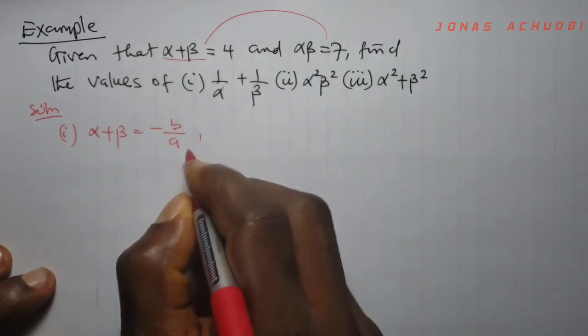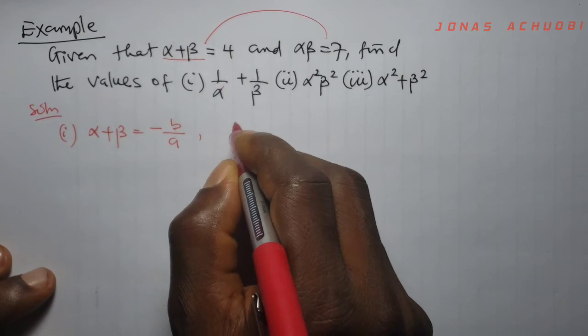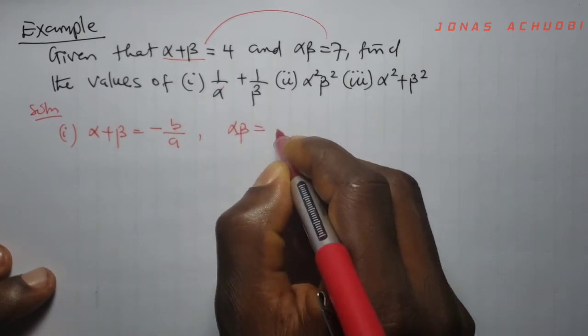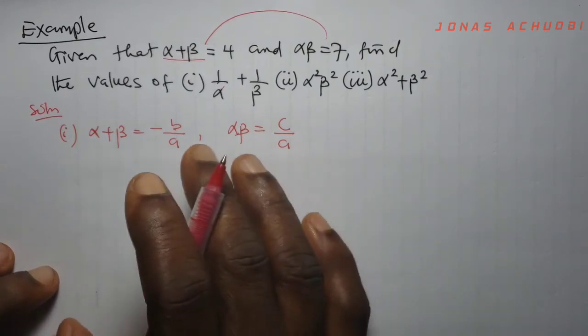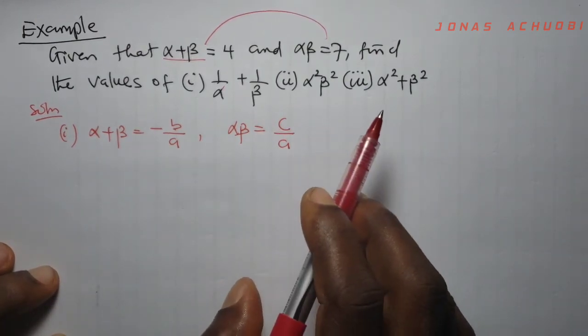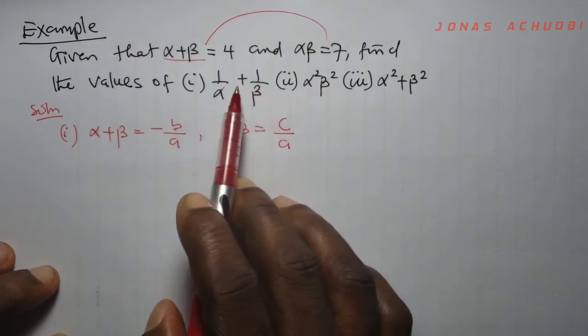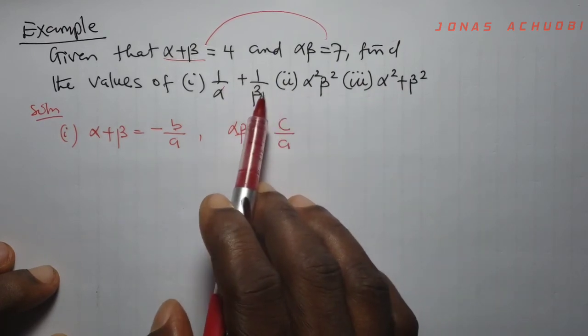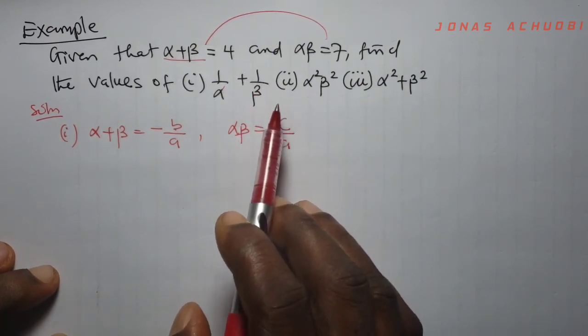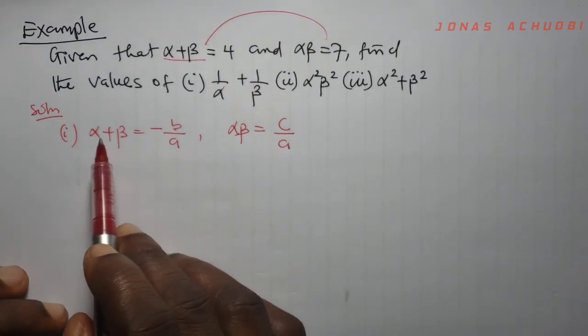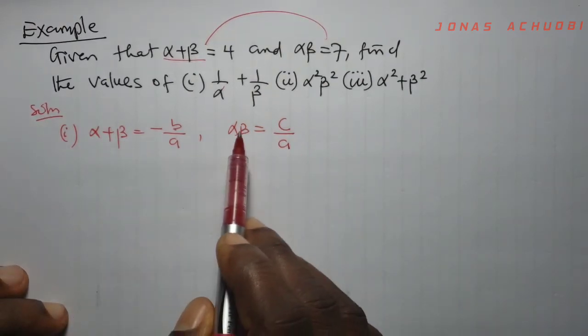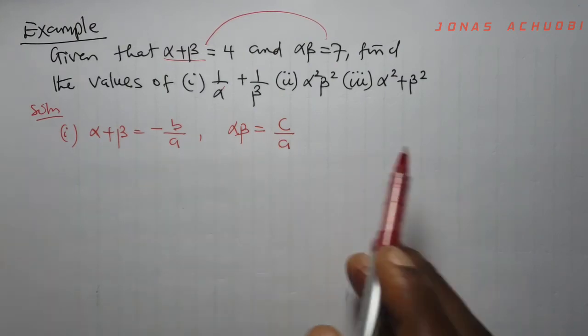And the next thing we know is that the product of roots alpha beta is equal to what? C over a. So the idea behind solving this kind of problem is this: we try to simplify whatever it is we are trying to solve in such a way that the only terms that will be found in our problem are alpha plus beta and alpha beta, or any of them.